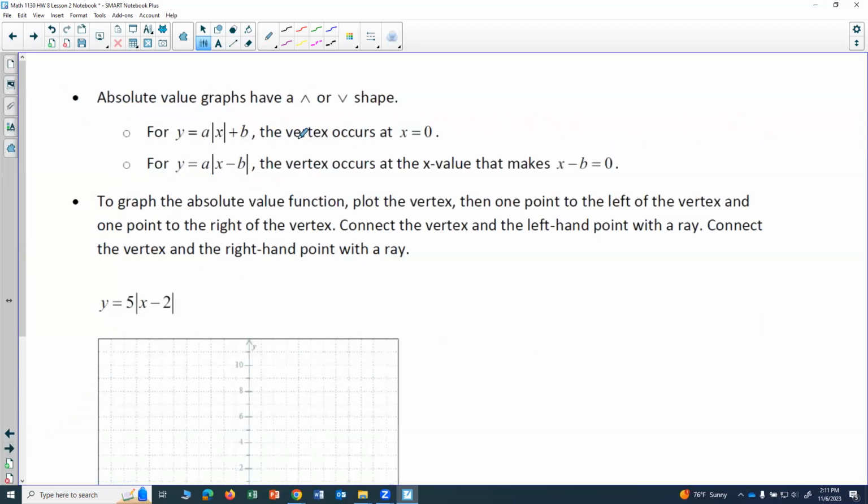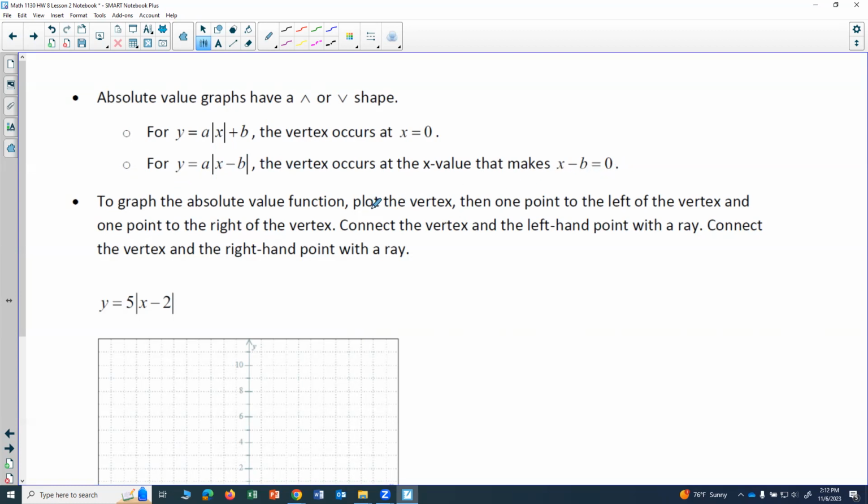Absolute value graphs have an upward V shape or a downward V shape. For y equals a times the absolute value of x plus b, the vertex occurs at x equals 0. For y equals a times the absolute value of quantity x minus b, the vertex occurs at the x value that makes x minus b equal 0.